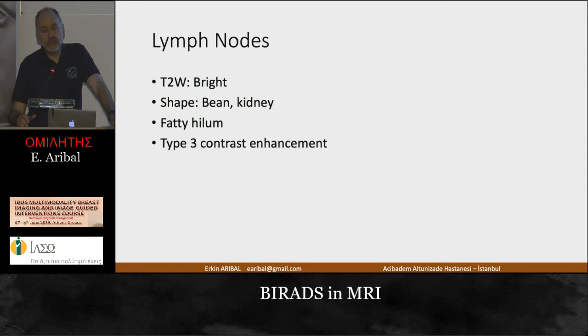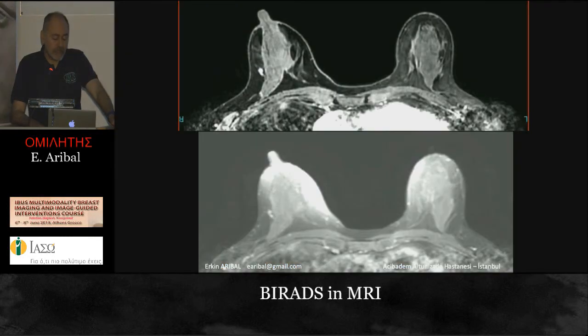In T2 weighted images, mostly malignant lesions are not bright, and malignant lesions only have a bright T2 signal when there is a necrosis in the center. So they have a bean or kidney-like shape, and they have a fatty hilum, lymph nodes, and they have type 3 contrast enhancement. So be careful in reporting these intramammary lymph nodes.